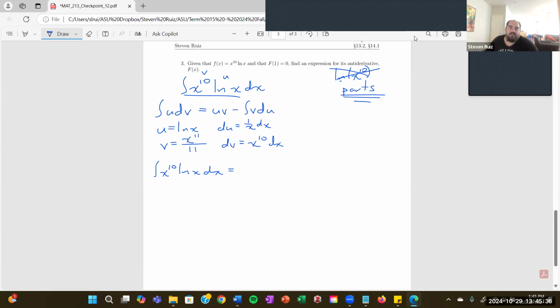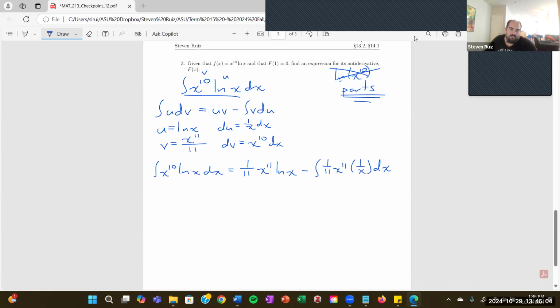So uv is going to be 1/11th x to the 11th natural log of x minus the integral of v du. What is v? V is 1 over 11 x to the 11th. What is du? That is 1 over x dx.